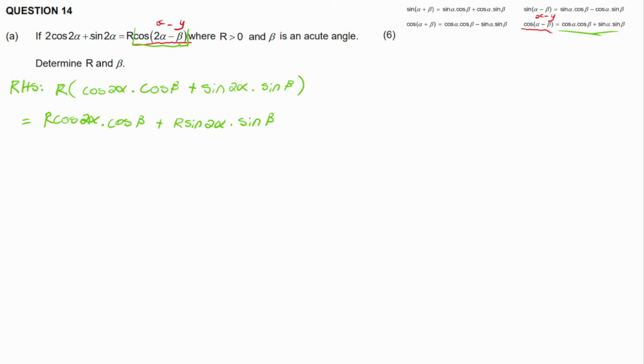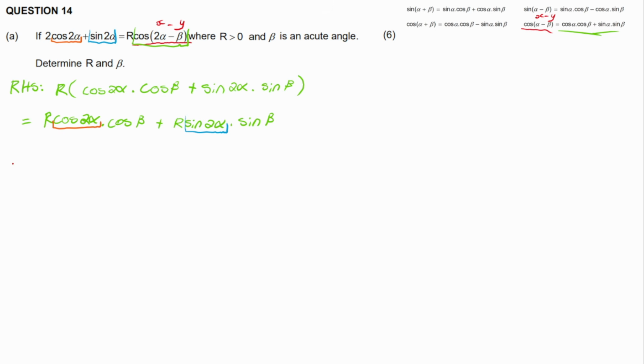So if you look here on the left-hand side, you see how we have a sine 2 alpha. And you see here, we have a sine 2 alpha, okay? And over here, we have a cos 2 alpha. And here, we have a cos 2 alpha. So let's rearrange what we have here in such a way that they're going to be equal, okay?